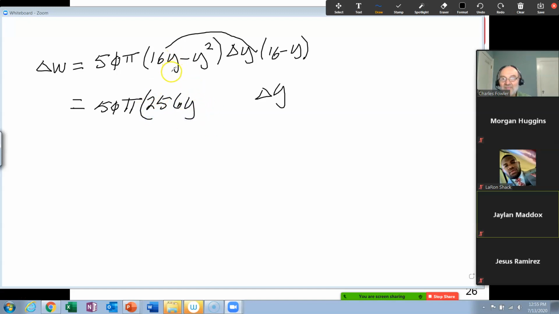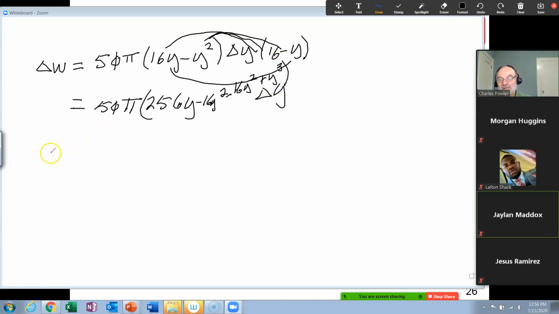Then this one times that one, the outer terms are minus 16y squared, and this will be another minus 16y squared, and then finally plus a y cubed.